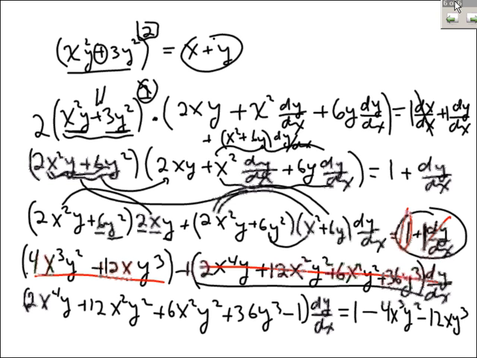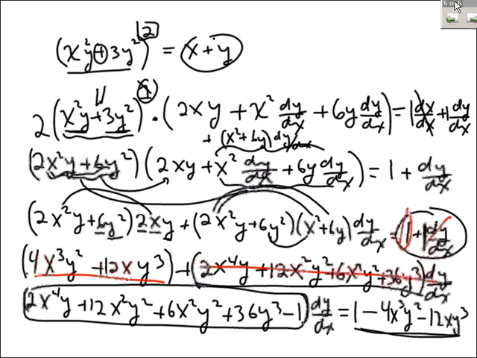And then basically take how many dy/dx's you have, and put it underneath here. And that's what dy/dx equals. It's lots of algebra, but it's definitely doable. You should definitely be able to do these types of problems.